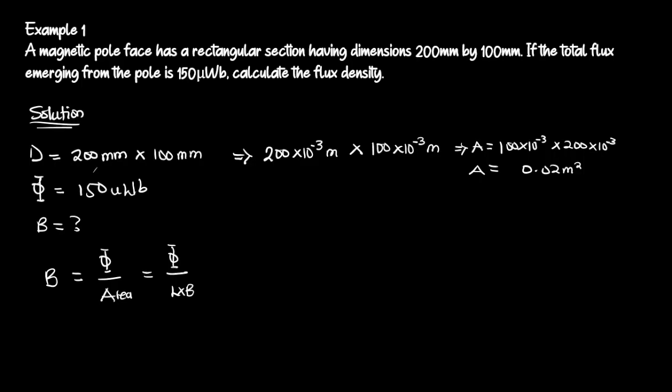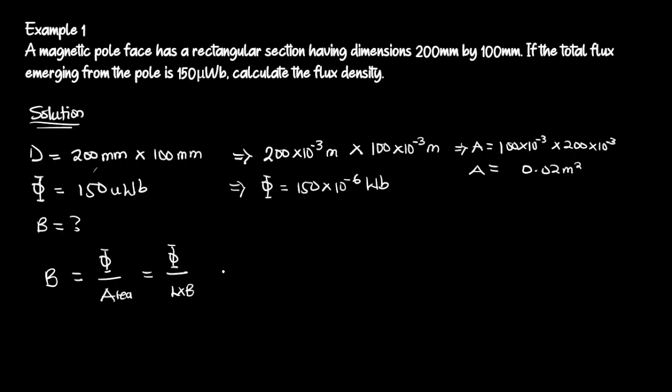Now the magnetic flux given to us is in microweber. If we convert it, we get phi equal to 150 micro, which is times 10 raised to the power minus 6 Weber. Therefore we have all the parameters we need to do our calculation.